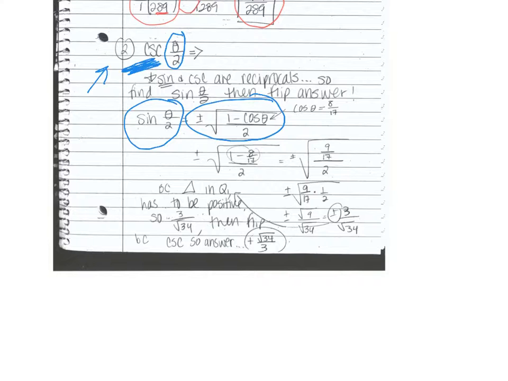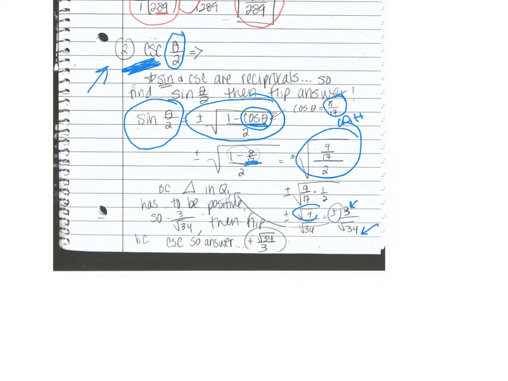and cos of theta, we're looking at the triangle above, and again, cos is adjacent over hypotenuse. We look at the ratio adjacent over hypotenuse. We plug that into the cos theta spot. We simplify under the radical, and we end up getting square root of 9, which turns to 3 over square root of 34.